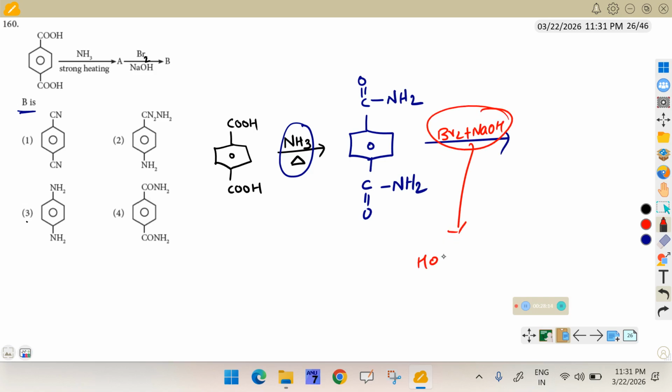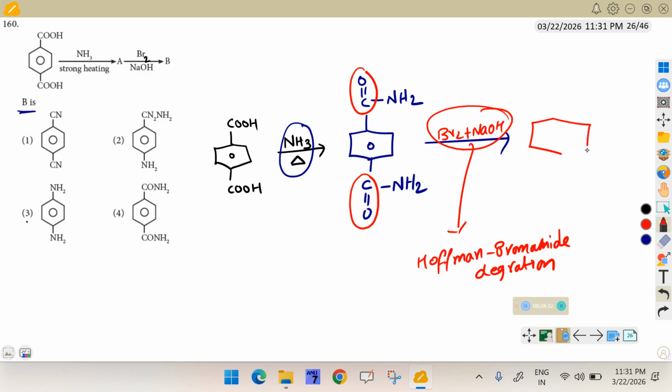The reaction is called Hoffmann bromamide degradation. In Hoffmann bromamide degradation, the product contains one carbon atom less compared with the reactant. Remove the carbonyl group and directly add the NH2 group.